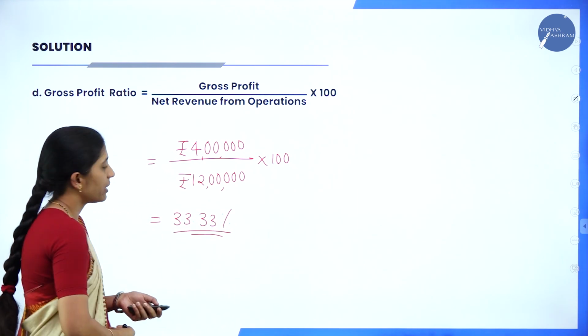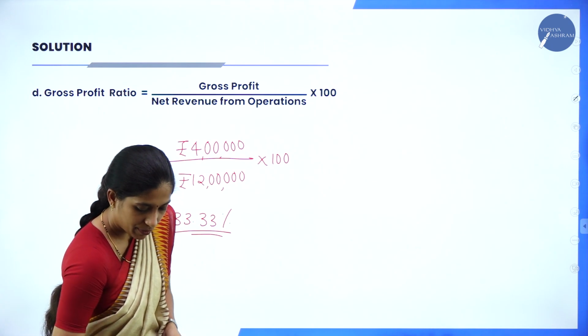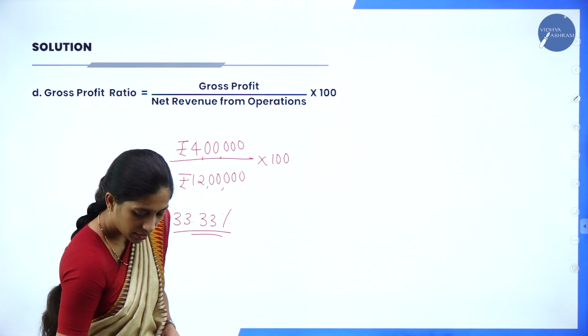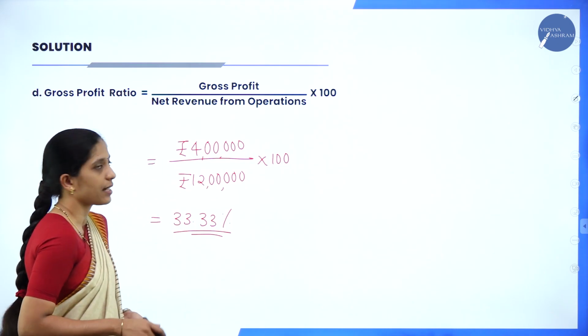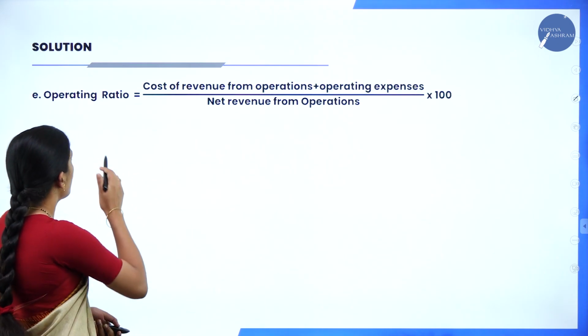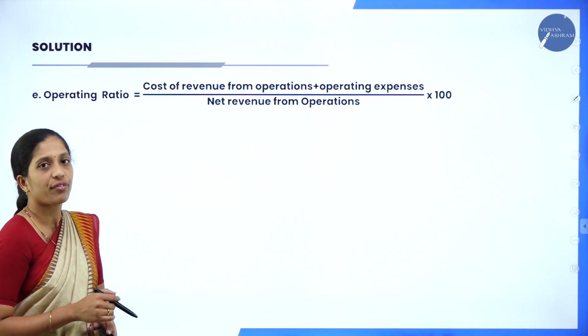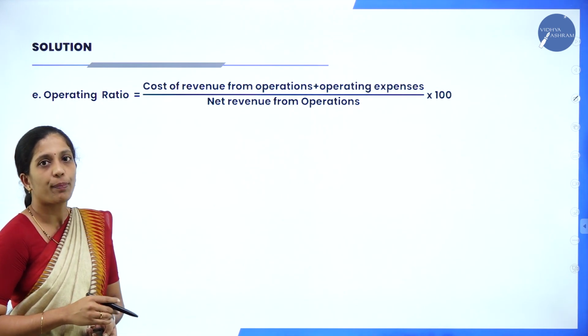Once again, we check: 4 lakh divided by 12 lakh into 100, 33.33%.